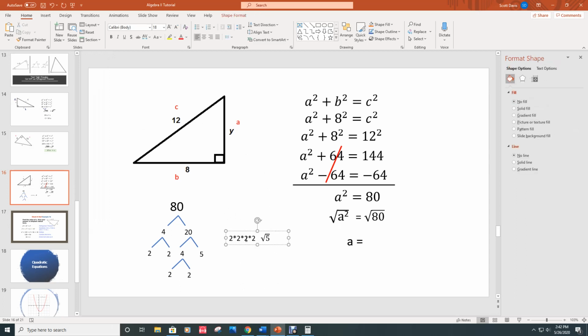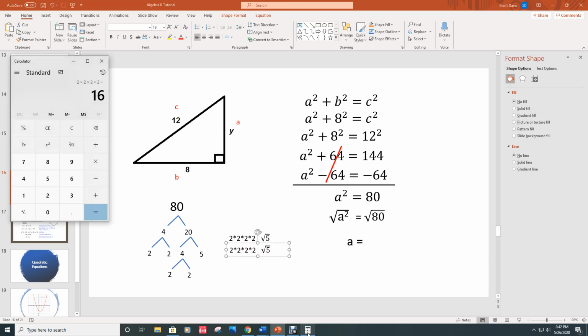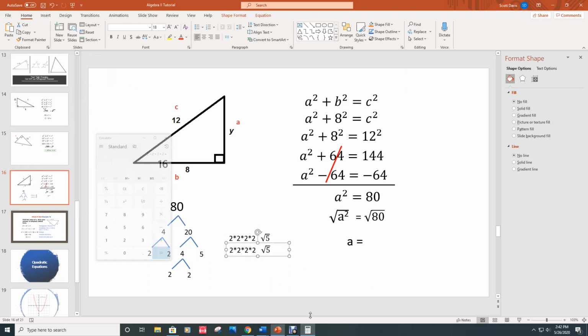All of these, double check. Yeah, all of these have a square root around them. This 2 times 2 times 2 times 2. Let's just copy this box here so that you can still see it laid out. But 2 times 2 times 2 times 2 was 16.